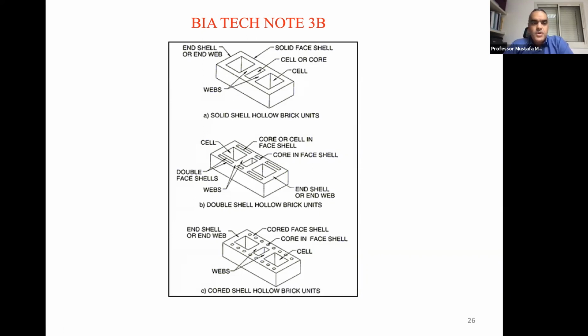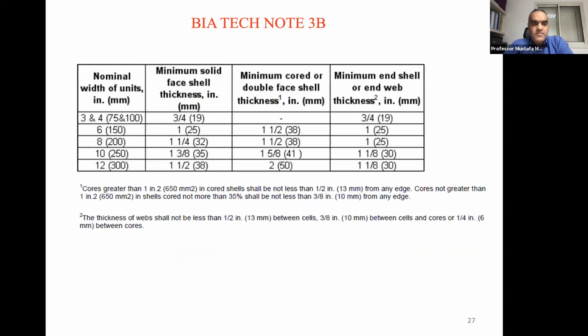Okay, so in the same tech note, you have the nominal width of the units, so 3 or 4 inches, 6 inches, up to 12 inches. And then we have the minimum solid face shell thickness. We have the minimum core or double face shell thickness, and minimum end shell or end web thicknesses.